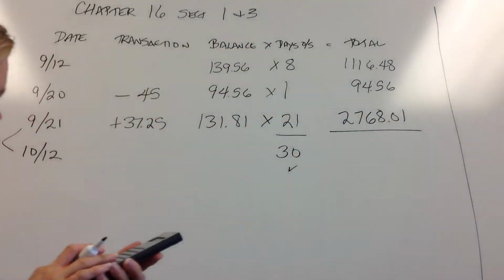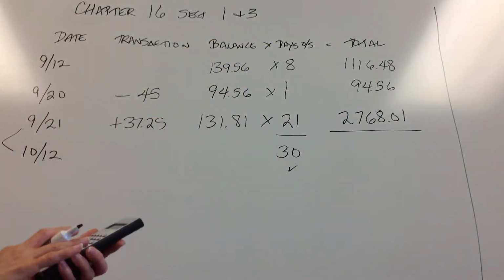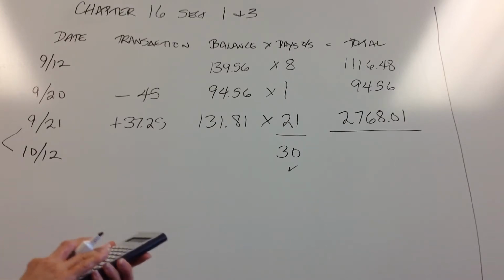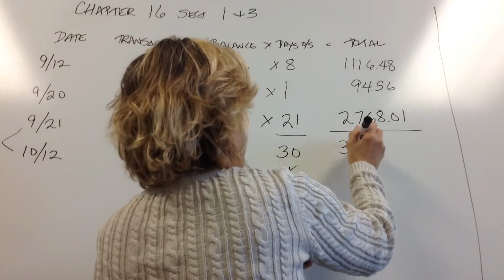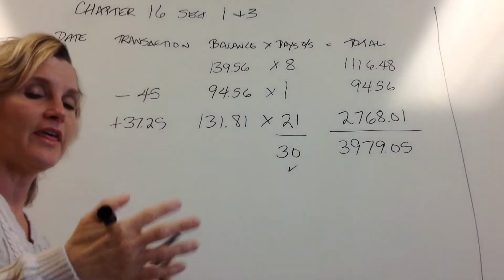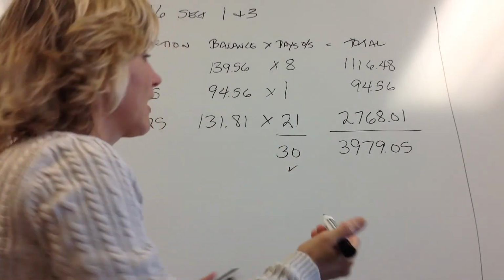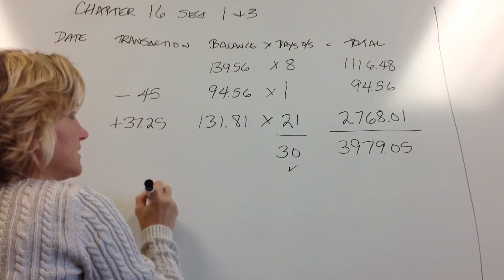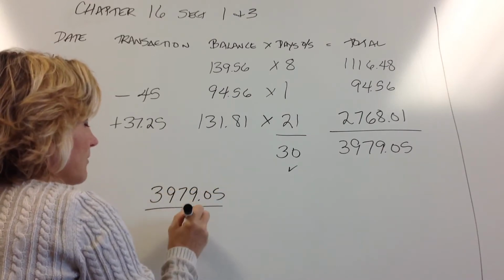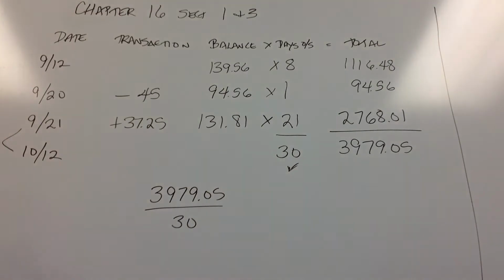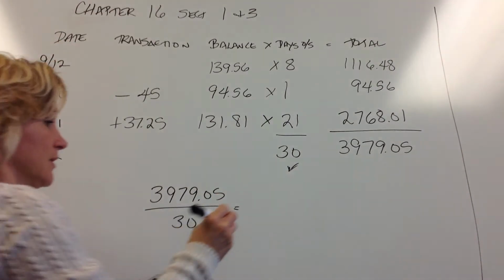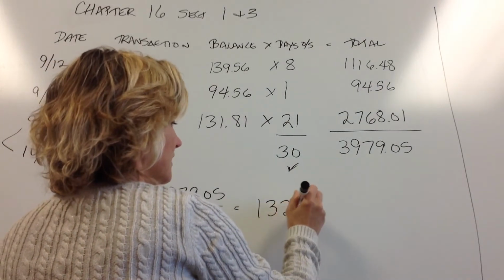Then I can add those up, and that gives me $3,979.05. That number is only used to calculate our weighted average daily balance, though. So if I take that number and divide it by my 30 days that are in that billing period, then I get my average: 132.64.